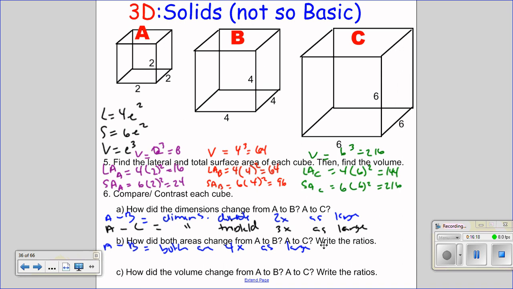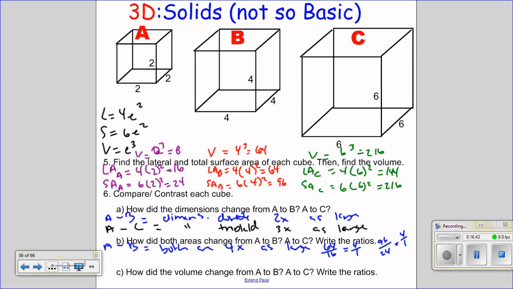If I were to find the ratios, I would take the new, which is 64, put it over 16. It reduces to 4 over 1. And same thing with the 96 over the 24 would reduce to 4 over 1. The first one was the lateral. The second one was surface area.